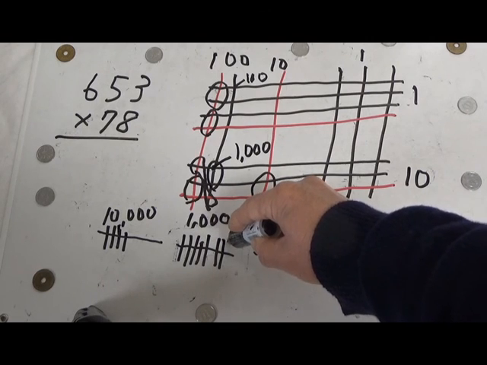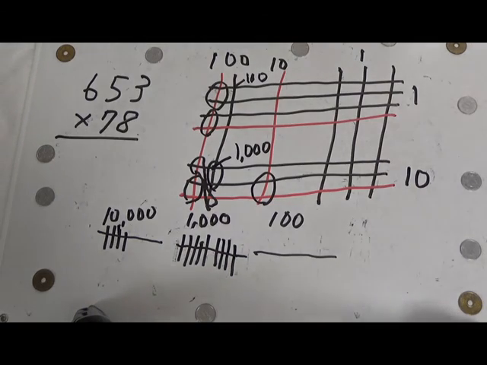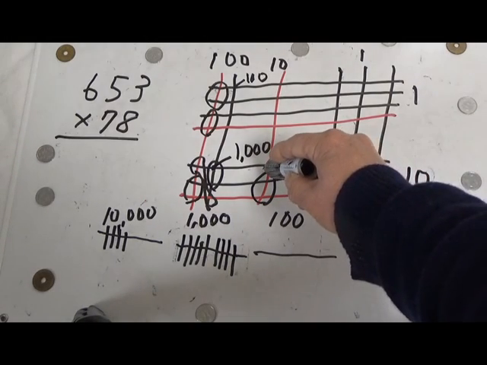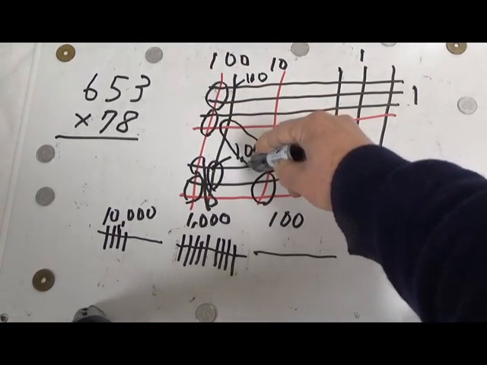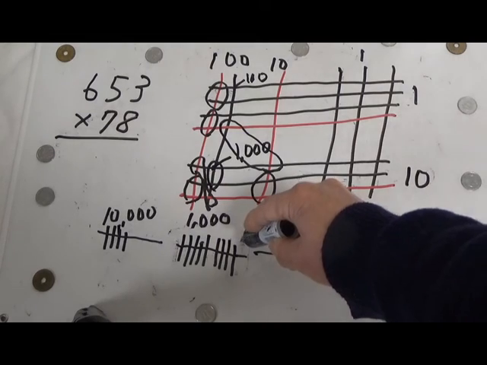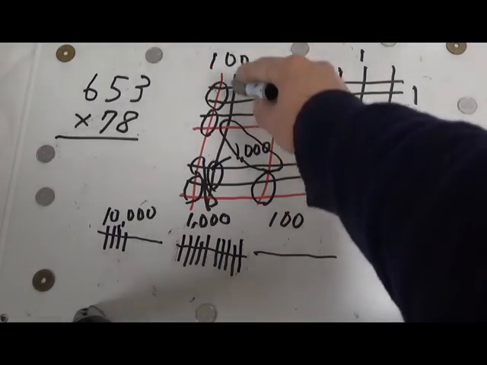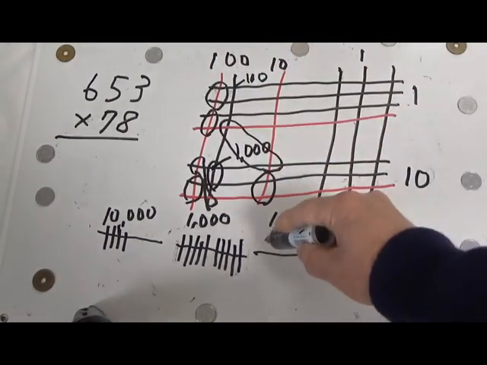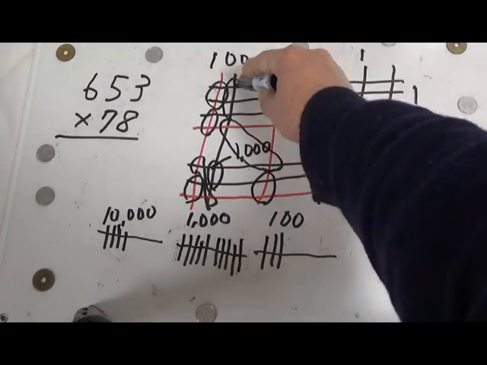And these 5 and 5, this 10 100 lines. And remaining 3, so 300 points. This is finished.